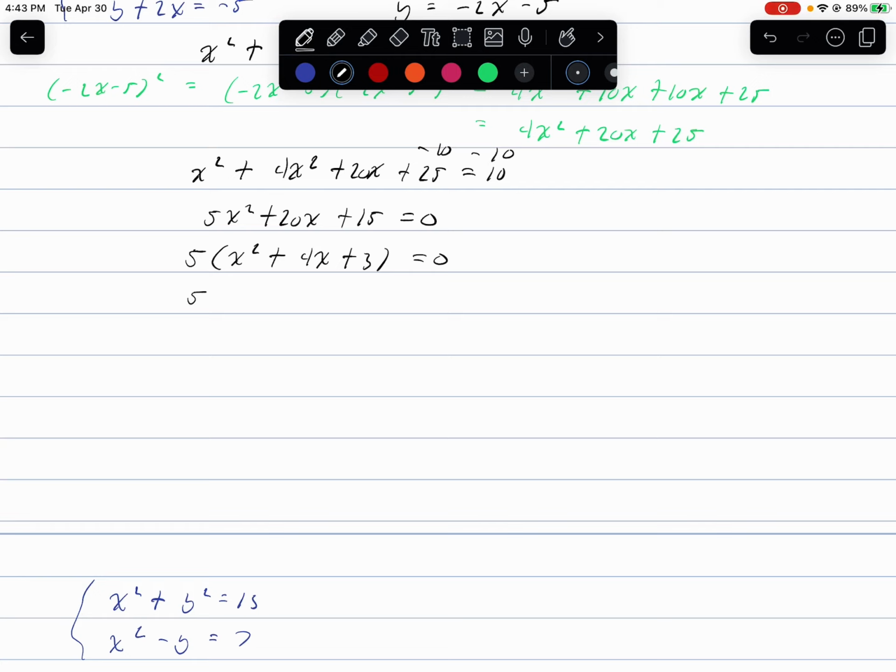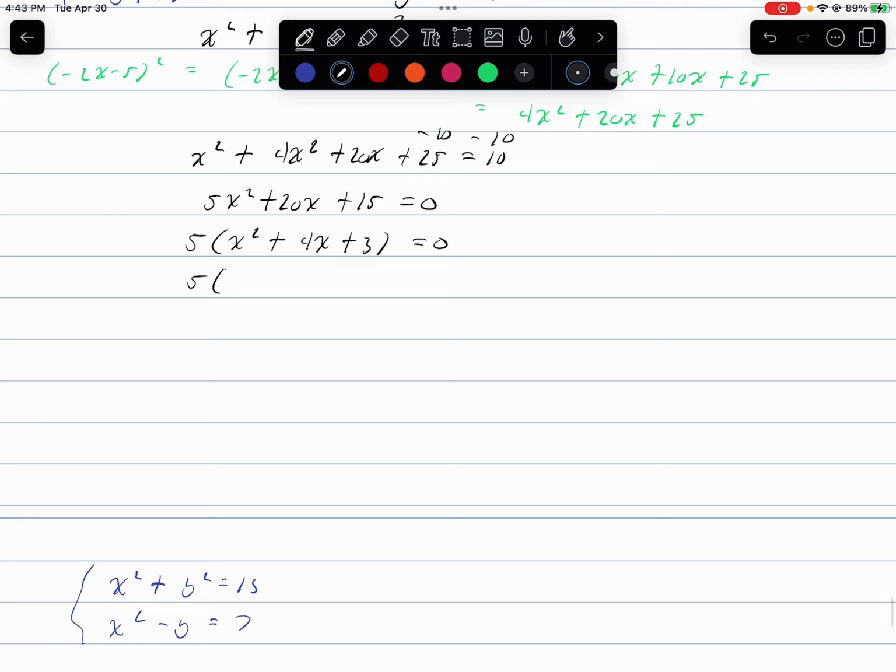We need to find two numbers that multiply together to give us 3 and add together to give us 4. I'm thinking 3 and 1. So we'll have x plus 3 and x plus 1 is equal to 0. So this whole thing is equal to 0 when x is equal to negative 3 and when x is equal to negative 1. Those are our two x solutions here.